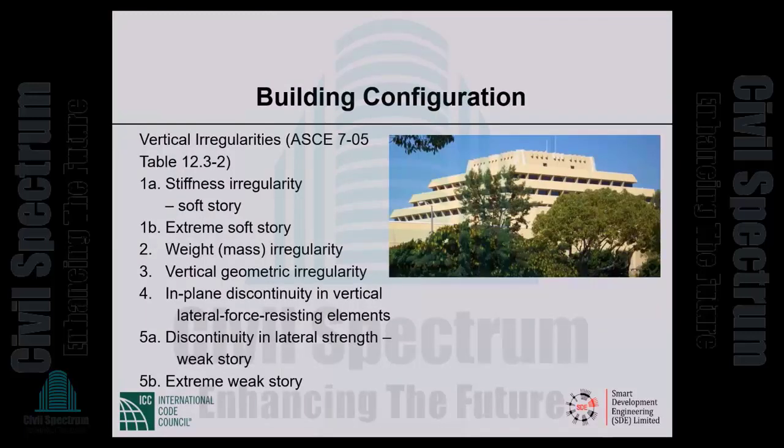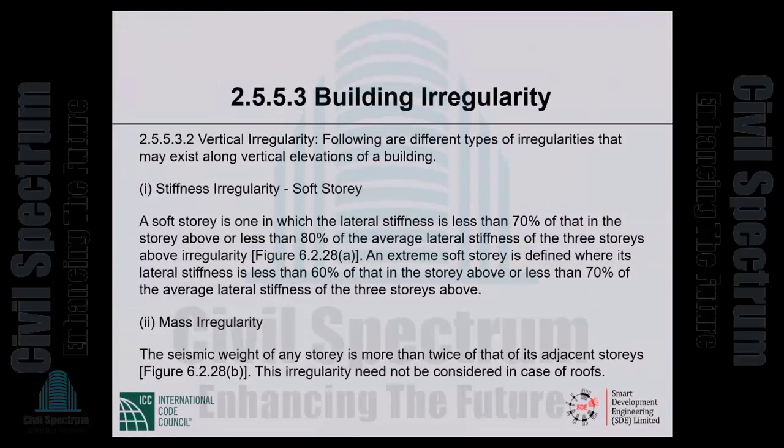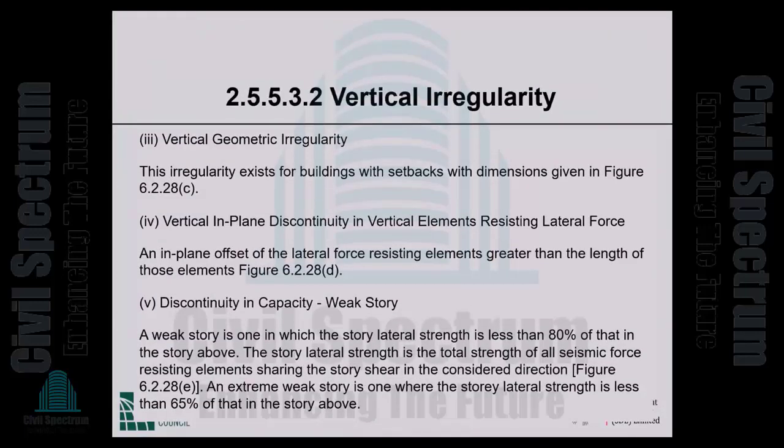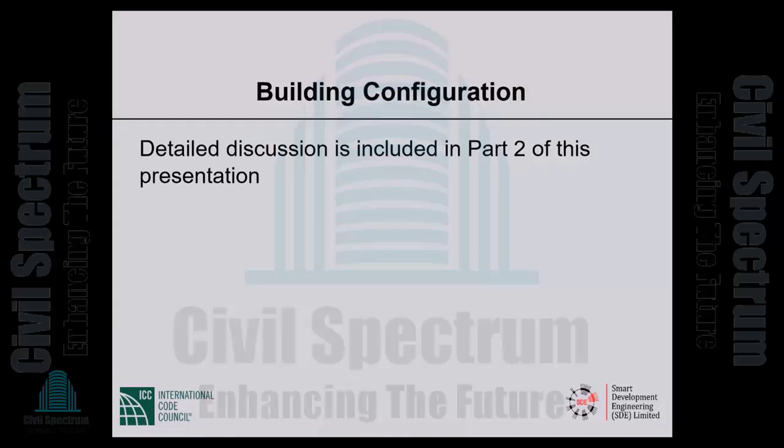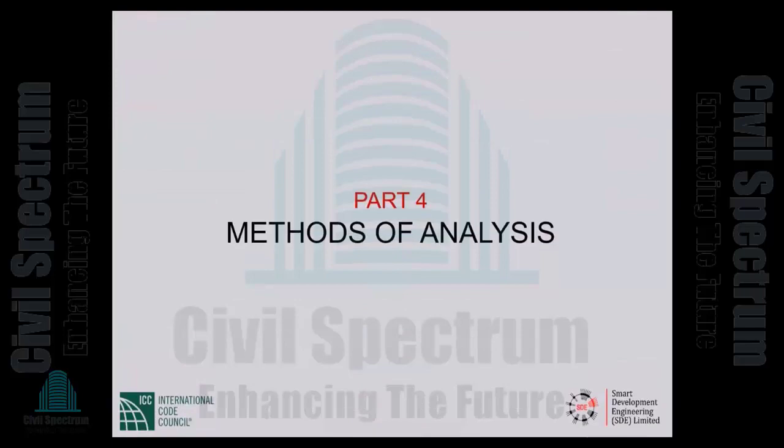Then the table of vertical irregularities is table 12.3-2 of ASCE 7-05 and the counterpart is 2.5.5.3 of BNBC 2020. I would like to discuss this very, very important topic in detail tomorrow. So I have basically no discussion here in this slide set for today.